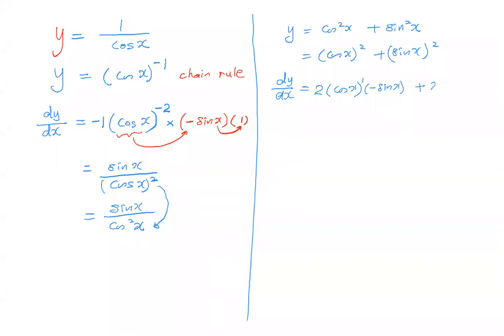Bring down the power. Continue, tell me. Sin x cos x. Sin x first, right? Times cos x. After that, cos x, right? Okay, so this is negative 2 sin x cos x plus 2 sin x cos x. So what do you get?